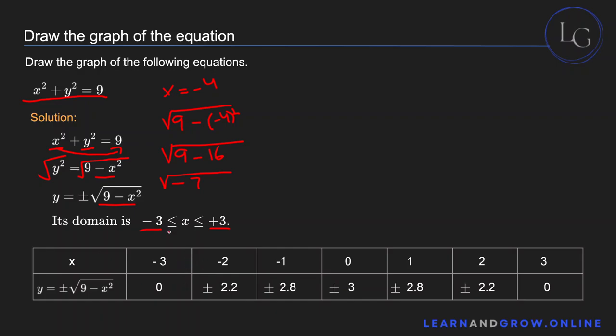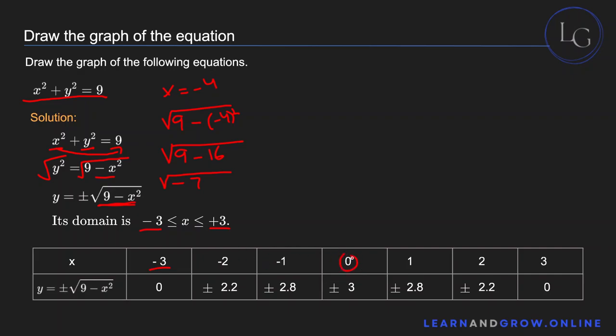So you have to now input individual values, individual integers between negative 3 and positive 3 into this equation. So when x is equal to negative 3, when you input it into this equation over here, the y value is 0, and so on and so forth. You get all of these values, but remember, you get both the positive and the negative value, right? So for example, let's take 0, right?